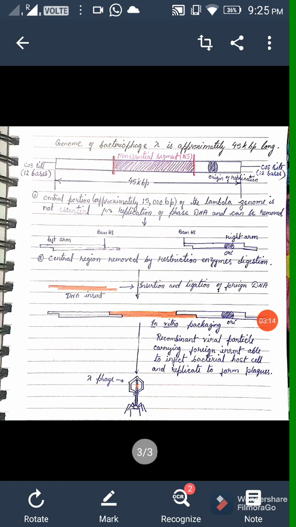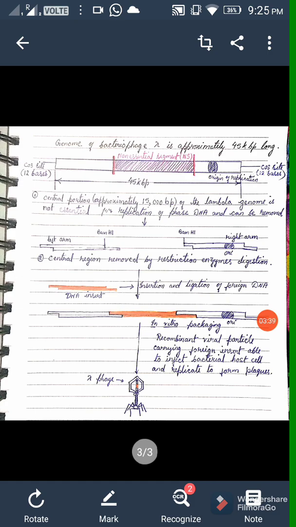We have isolated this DNA. Then at the last part, after we insert our gene of interest, we have to insert this particular DNA molecule back into a phage, because only then, when this phage infects the bacteria, will it transfer our DNA of interest into the bacteria.